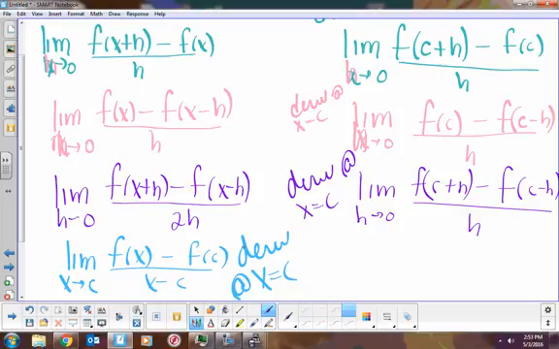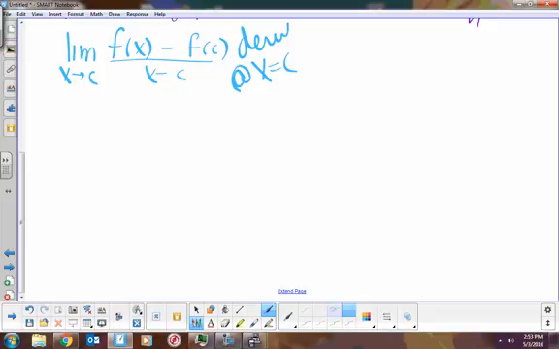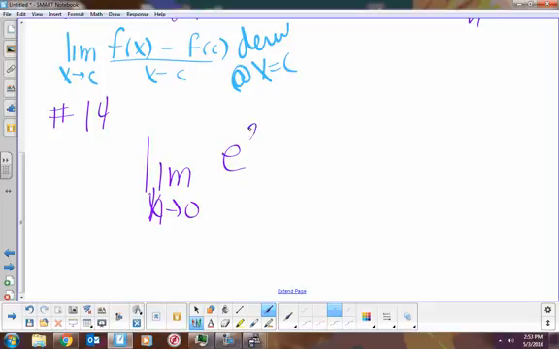All right. So if we look at MC 35, the key here is that you are able to choose the correct function. So this is number 14 on MC 35. You've got the limit as h approaches 0 of e to the 2 plus h minus e squared all over h.